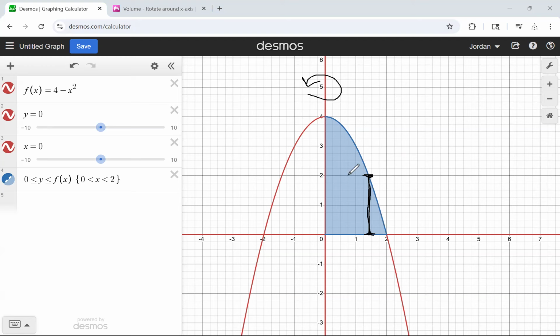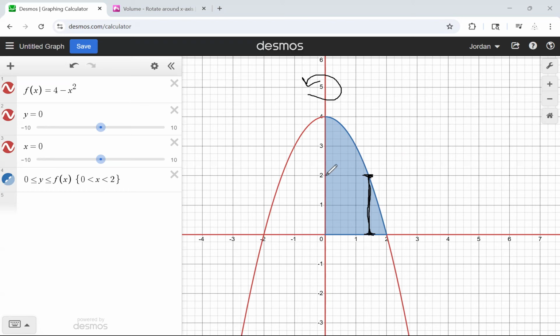Now, this is going to give me a height if I measure the top versus the bottom of this rectangle. Because think about rotating this around, it's going to give you a shell.